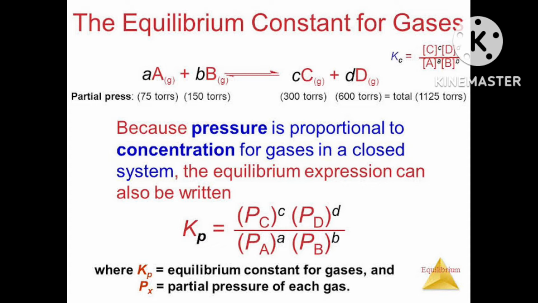But if you want to introduce how many moles of reactants and how many moles of products, you write a into A plus b into B equals c into C plus d into D. Then for C the power is small c, for D the power is small d, divided by A to the power small a and B to the power small b.